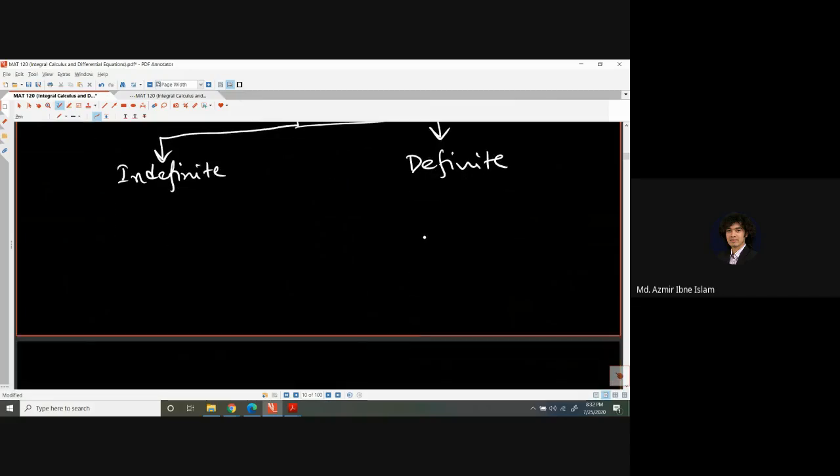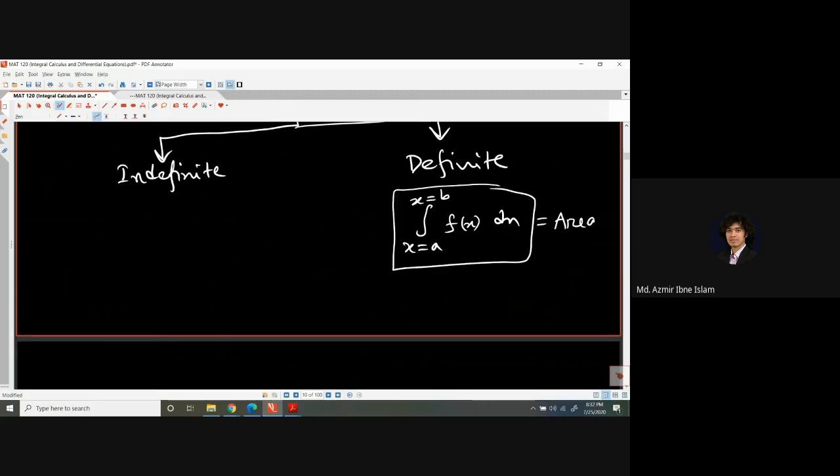So what does it mean? Already you have understood that definite integrals are those where we have the lower limit of integration and upper limit of integration. So this is called the definite integral. It will finally give us one finite value, that is the area.